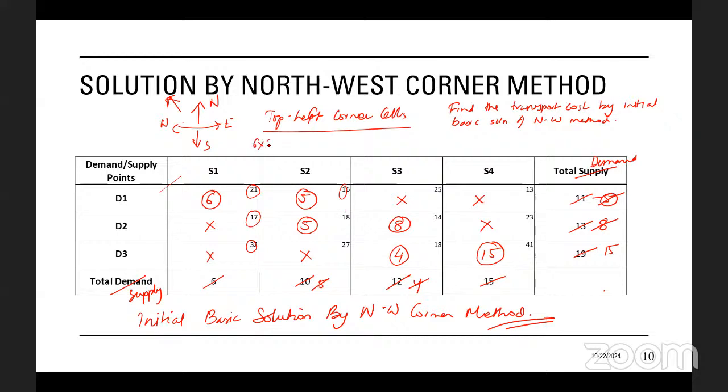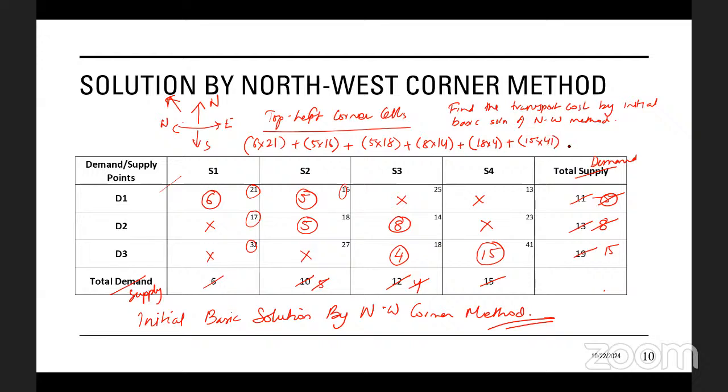The cost will be 6 into 21 plus 5 into 16 plus 5 into 18 plus 8 into 14 plus 18 into 4 plus 15 into 41.